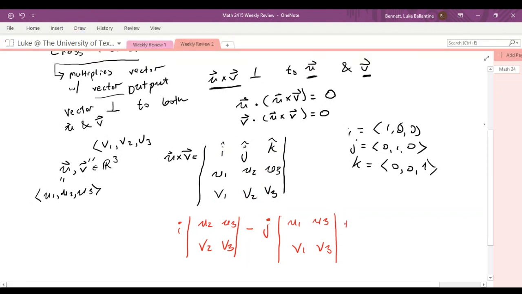Then we add k, circling k, crossing out the column and the row, and creating the remaining 2 by 2 determinant. We get u1, u2, v1, v2.